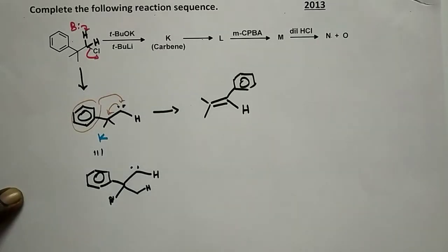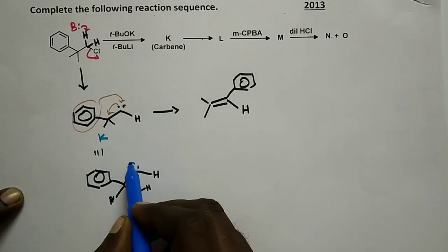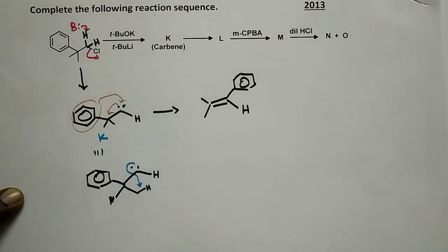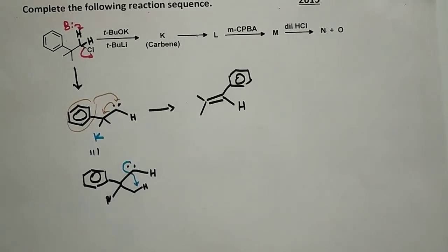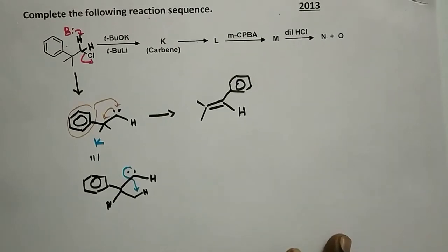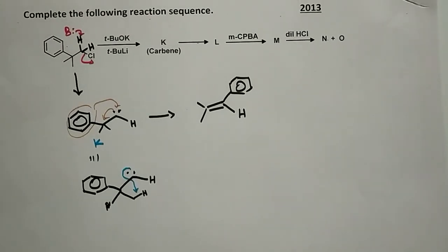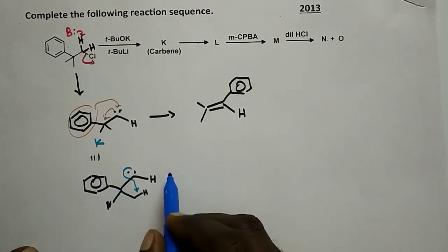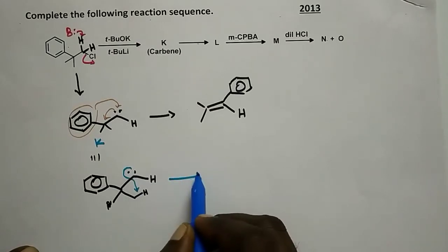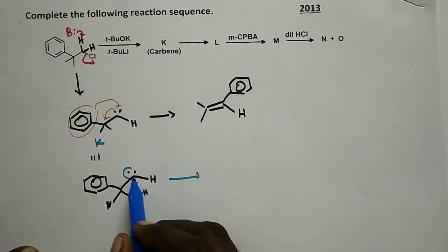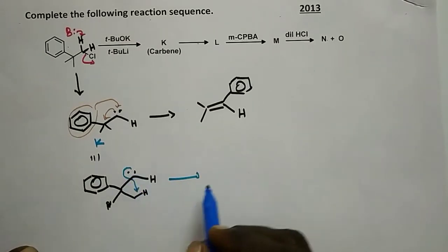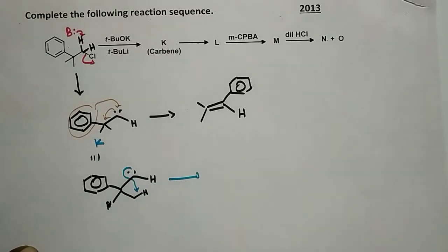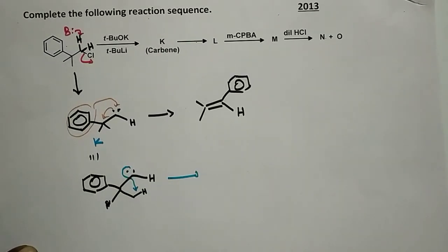So there can be CH insertion. Carbene can undergo cycloaddition, it can undergo rearrangement, it can undergo CH insertion. So this one is rearrangement. Here I anticipate CH insertion. CH insertion means in between this carbon and hydrogen, this carbene inserts. That means I will get the product this way.